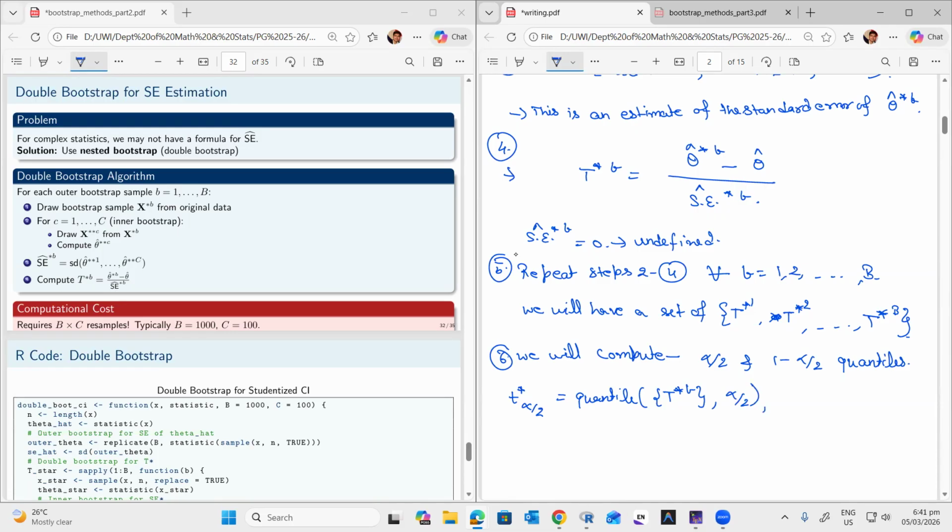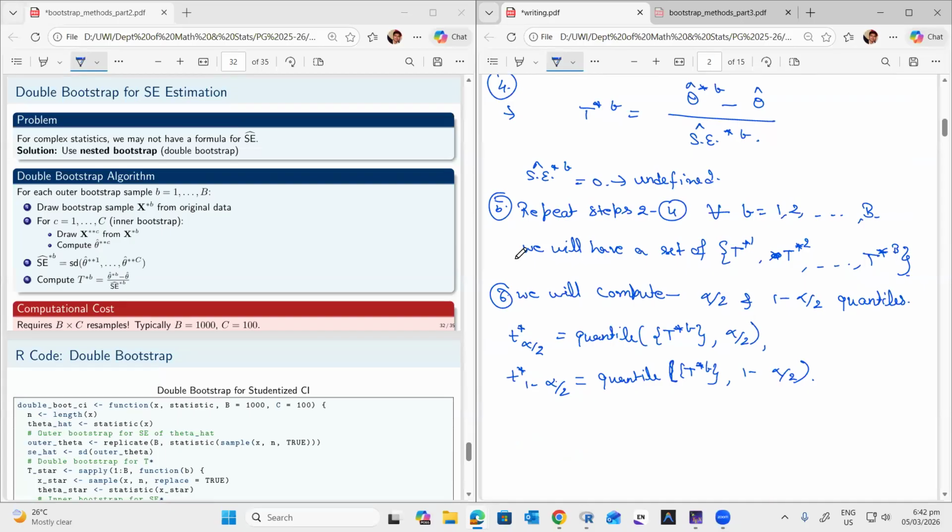And T star 1 minus alpha by 2 will be equal to the quantile of T star B, at 1 minus alpha by 2.